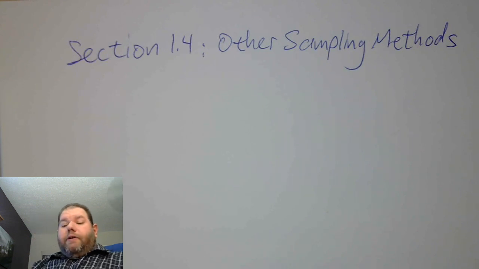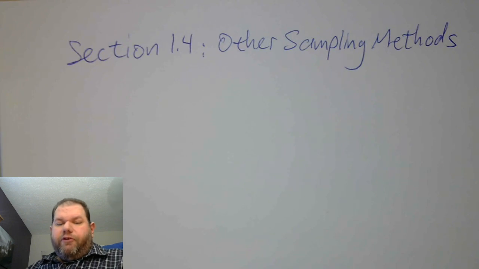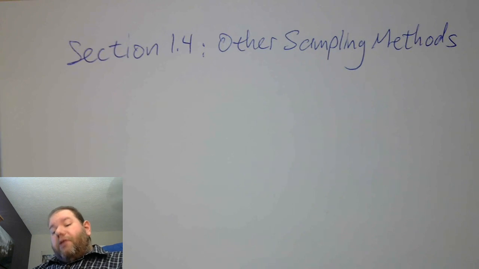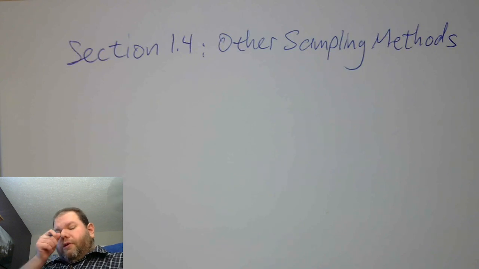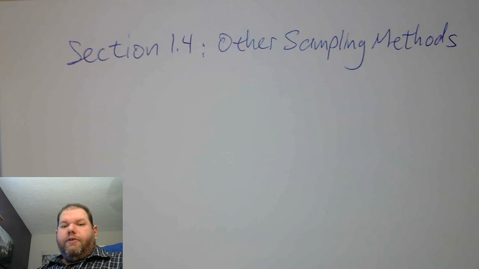We talked about simple random sampling last time, and there's a variety of ways we can achieve that. When we look at other sampling methods, there are going to be some pros and cons to these, including there's also pros and cons to random sampling. So let's discuss all the other methods first, and then we'll talk about some of the pros and cons.